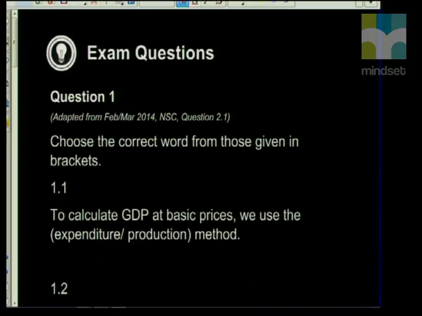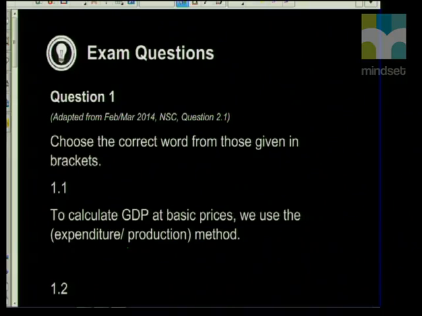Remember that you must remember these things, no guesswork. The first one says, calculate GDP at basic prices. We use the expenditure method or the production method. Which one do we use when we deal with the calculation of GDP at basic prices? The correct answer, I'm listening.